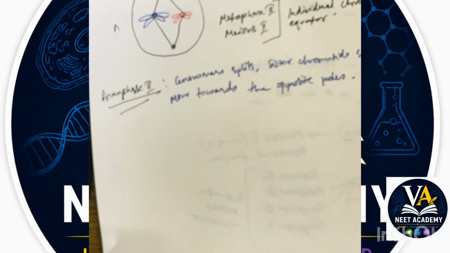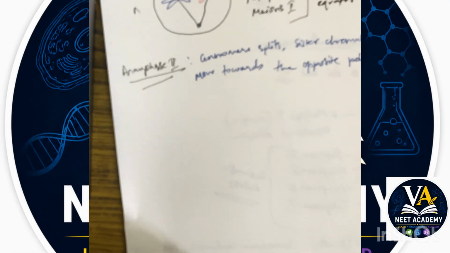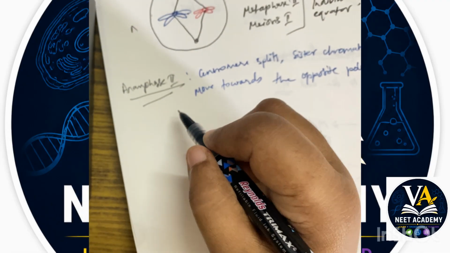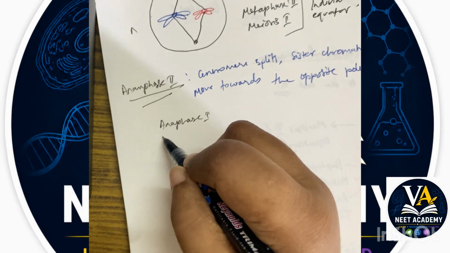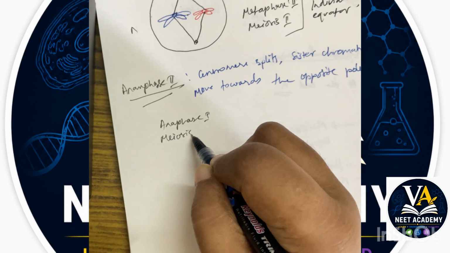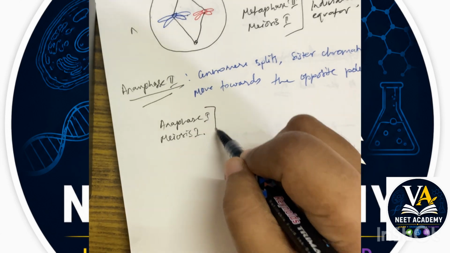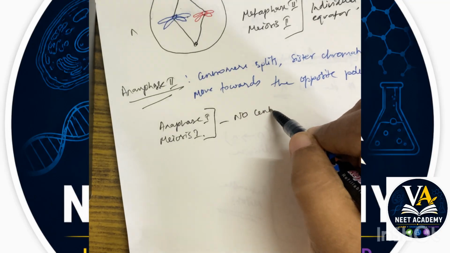Now again we'll try and compare what happens in anaphase I and anaphase II. Very important. In anaphase I of meiosis I, what happens?